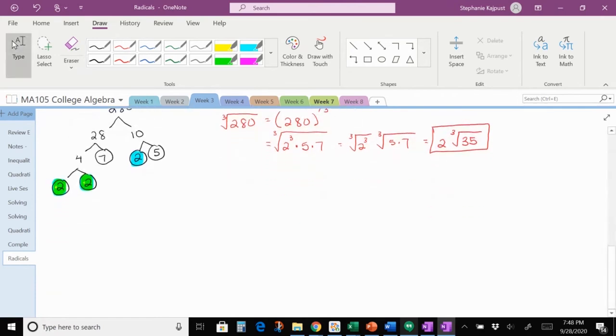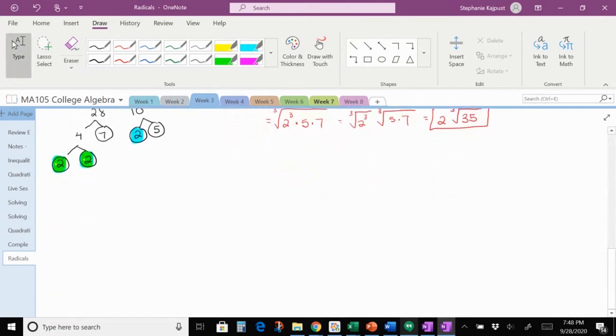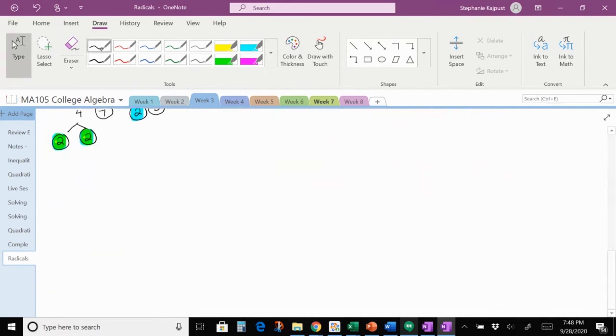And actually, when you work with variables in these, it's almost easier. So let's say I have a square root of w to the fifth. This w to the fifth means that I have 5 w's multiplied together.